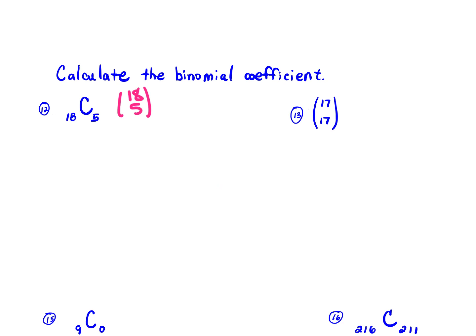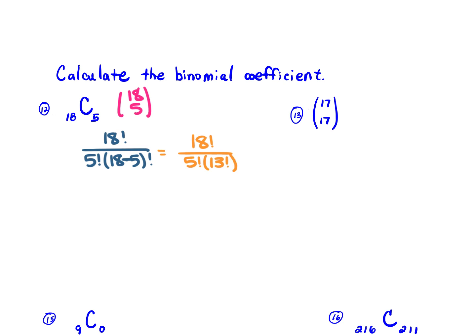And you are going to use the same formula you use with something like number 13. And if we use our formula, we're going to have 18 factorial over 5 factorial times 18 minus 5 factorial. And yes, that is a minus, not a times. So this would then simplify to give you 18 factorial over 5 factorial times 18 minus 5 is 13 factorial.